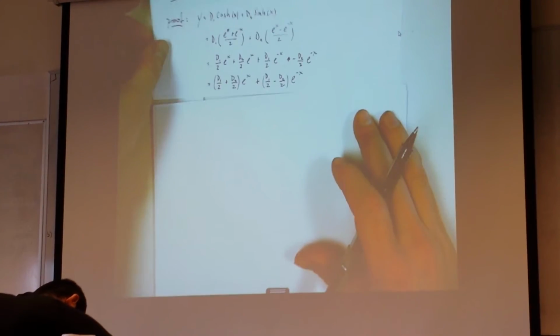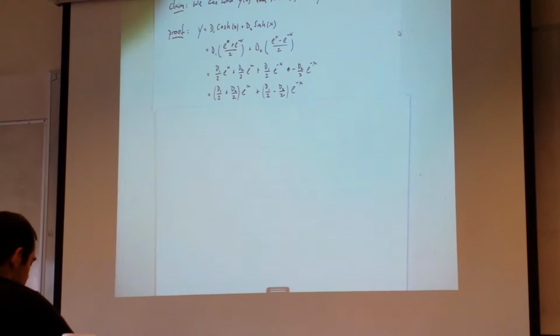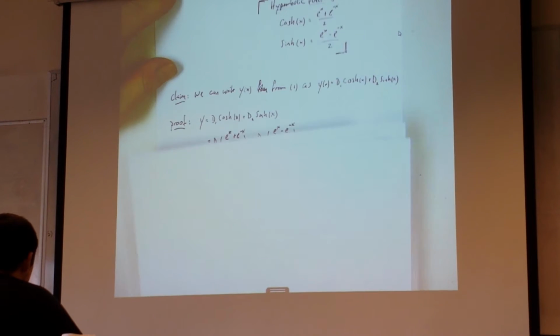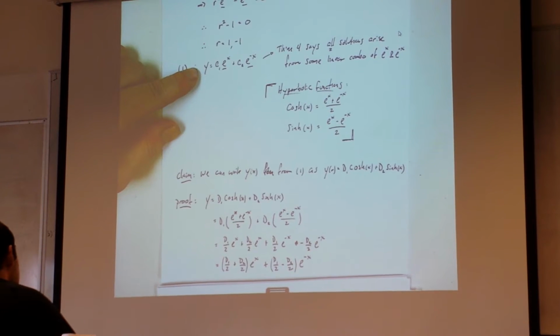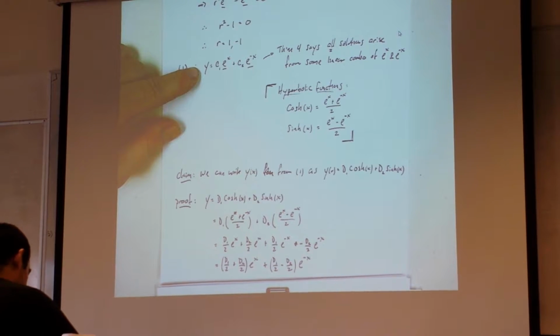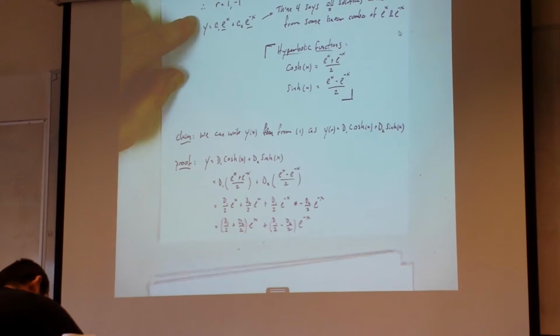Now that looks a lot like a linear combination of this form, right there. So some constant times e to the x plus some other constant times e to the negative x.